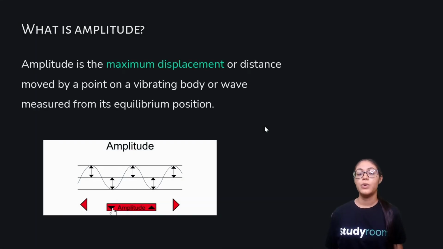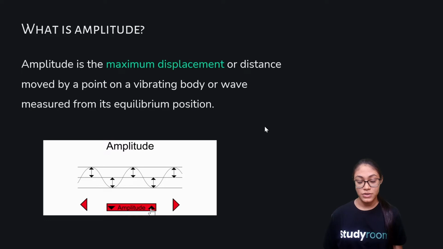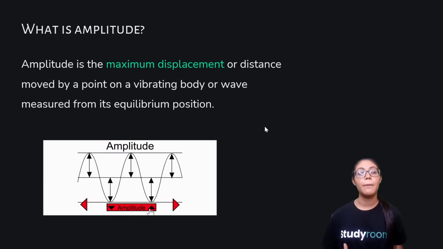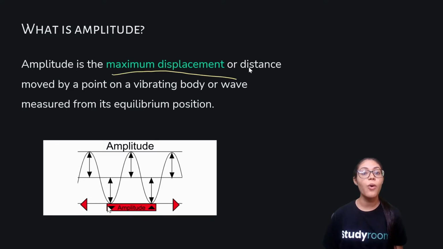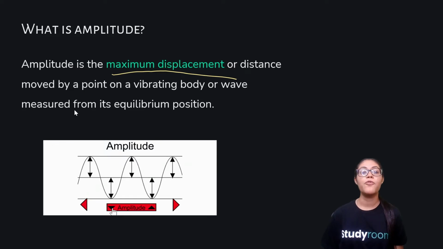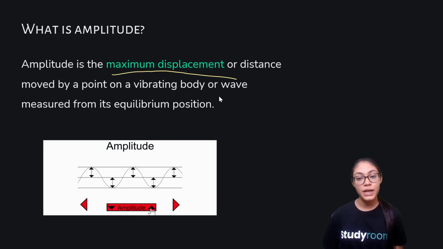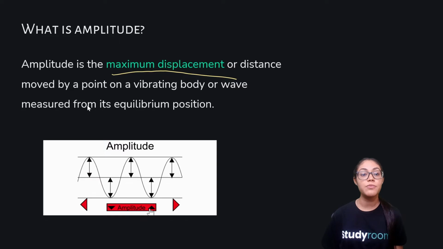Now amplitude. We already saw one characteristic of sound, and let's move on to amplitude. What is the definition of amplitude? Amplitude is the maximum displacement or distance moved by a point on a vibrating body or wave measured from its equilibrium.